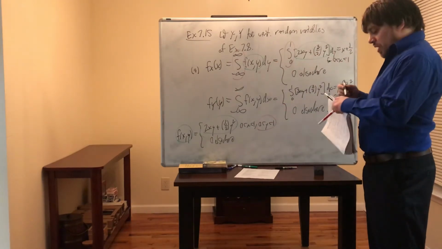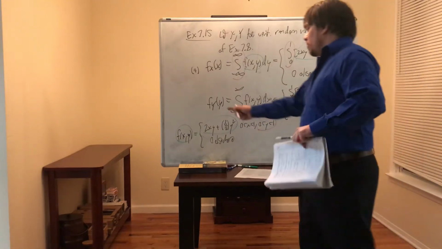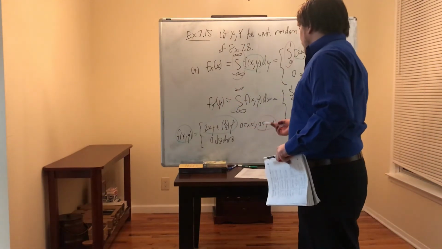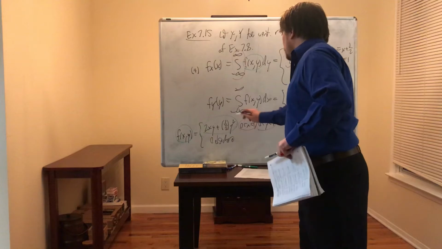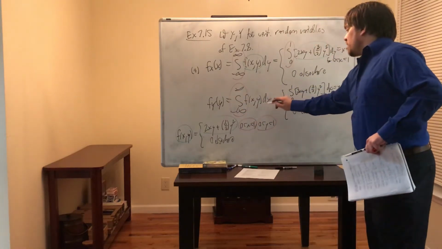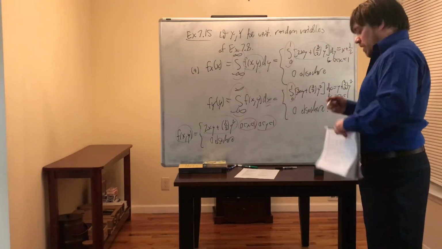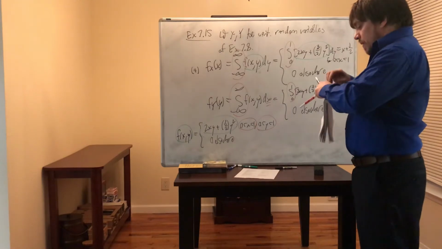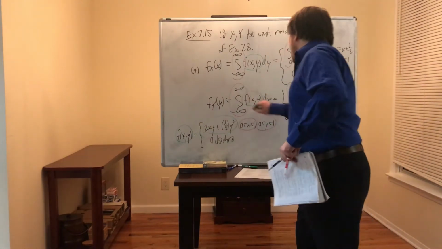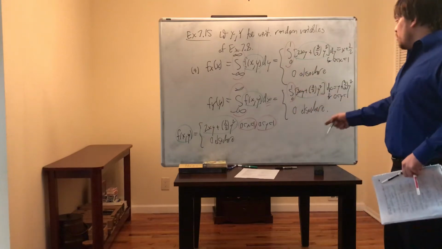And then when you find the marginal probability function of y, x only matters from 0 to 1. So we integrate with respect to x from 0 to 1, and again f is this function, and you get that.